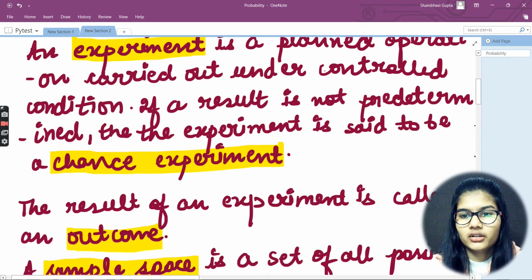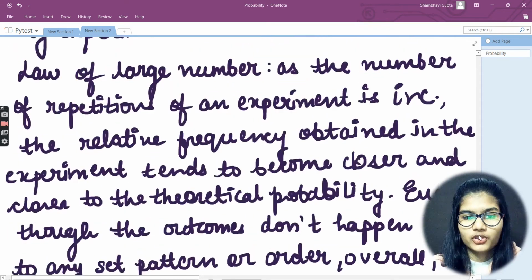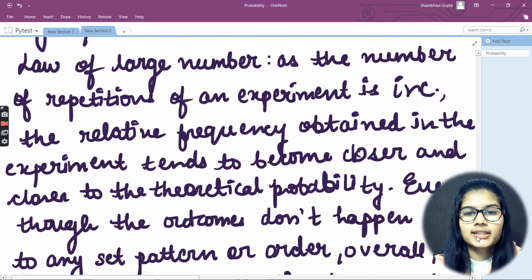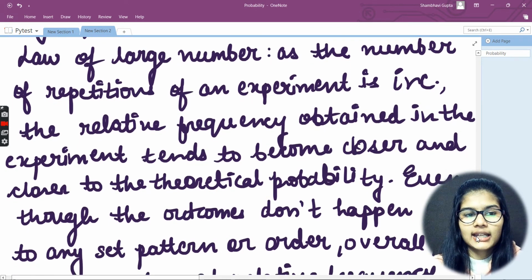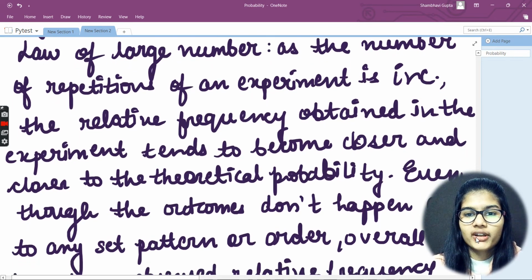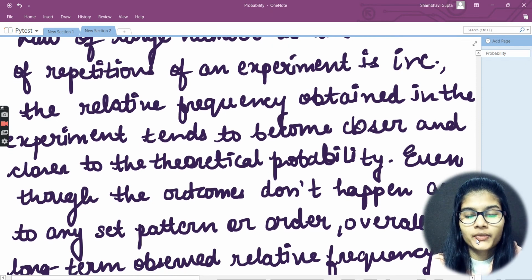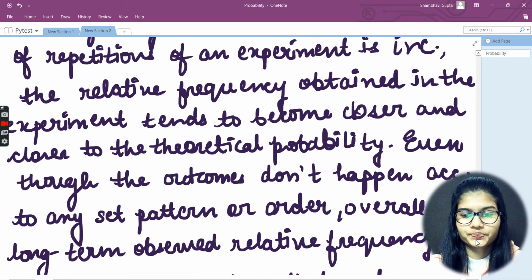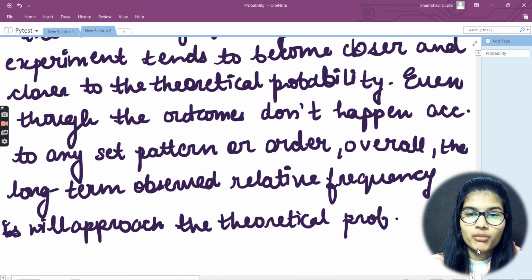Let me hold the cursor on my hand, then I can move forward. This is the law of large numbers. What does it say? It says that as the number of repetitions of an experiment increases, the relative frequency obtained in the experiment tends to become closer and closer to the theoretical probability.